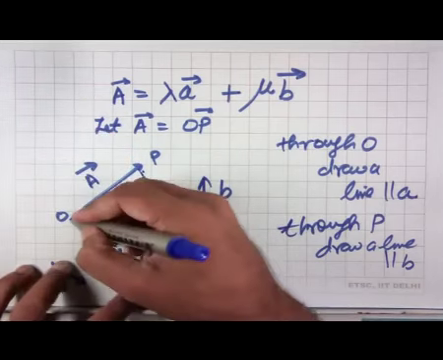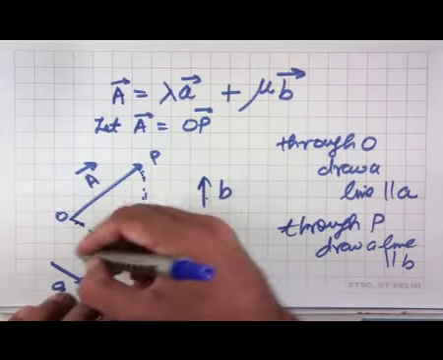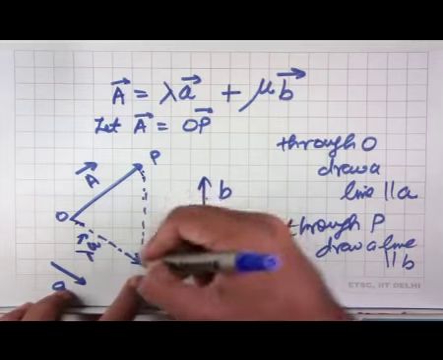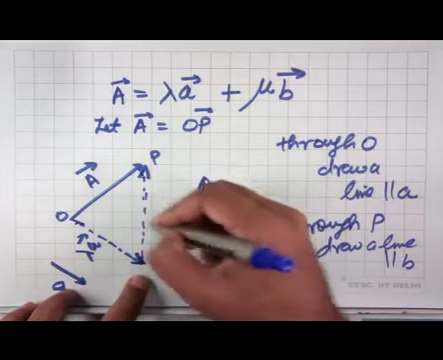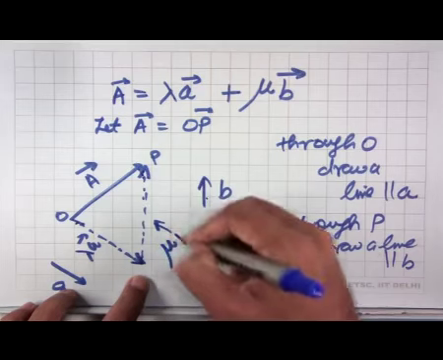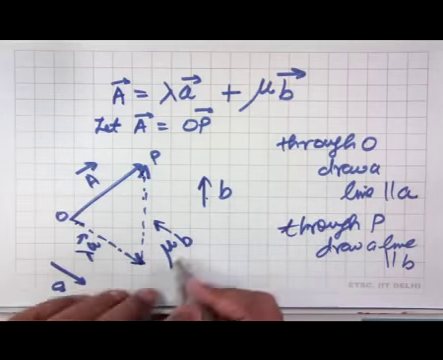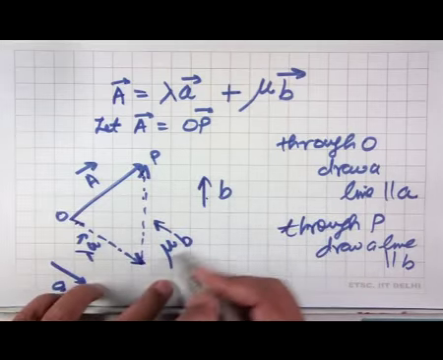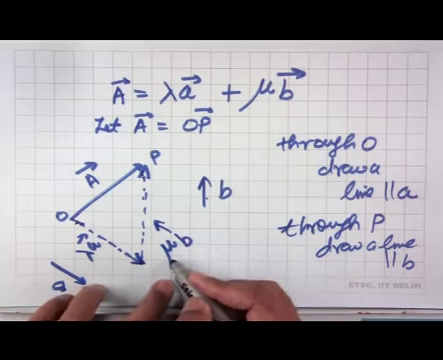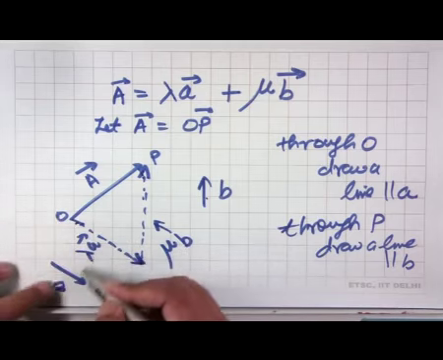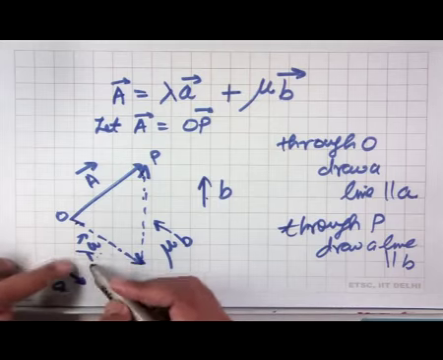So, now this one will be lambda times A, this one, the second vector, will be mu times B, because this is parallel to B. So, therefore, whatever is the length, that will come in this factor mu, the length magnification factor will come in the factor lambda.